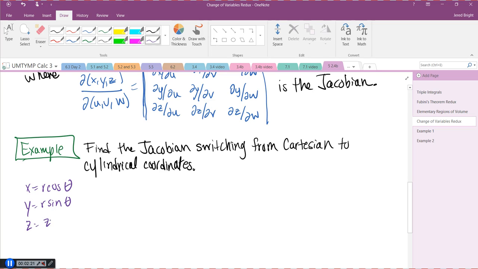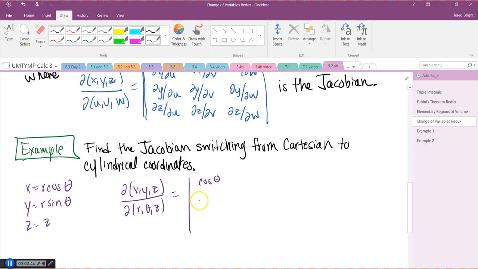So then we say that the matrix d of x, y, z with respect to d of r, theta, and z is the determinant of: cosine theta, sine theta, and 0, so this is everything with respect to r.